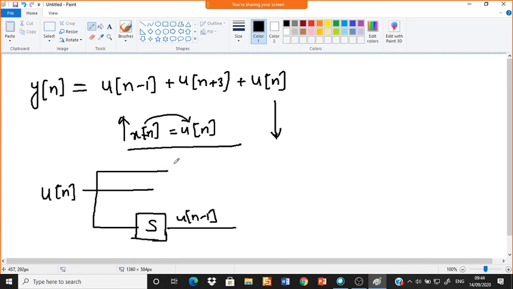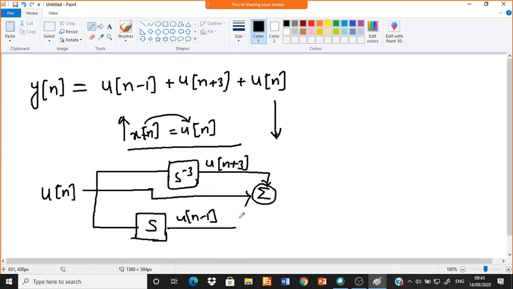Similarly, take s power minus 3 and you will get u of n plus 3. If you sum them, you will get the signal. This is your y of n. So this is how the interconnects can be done.